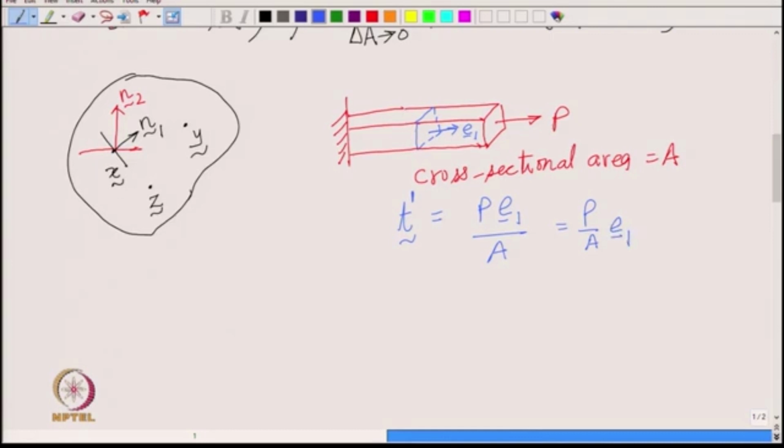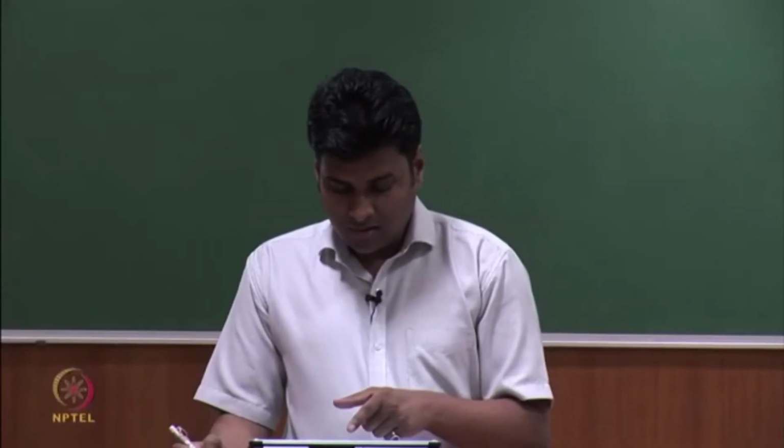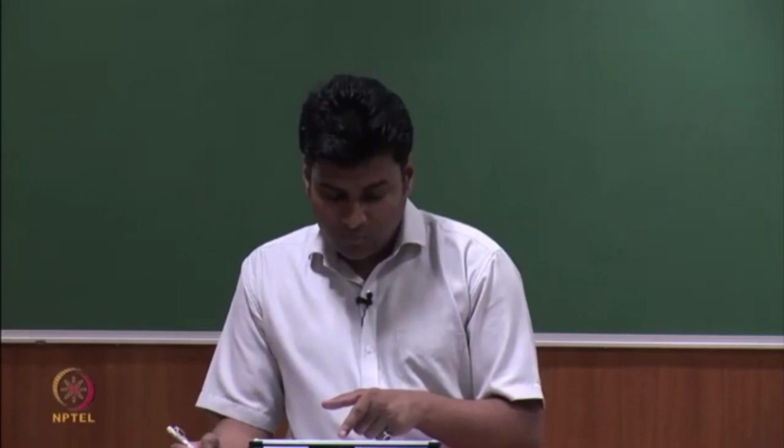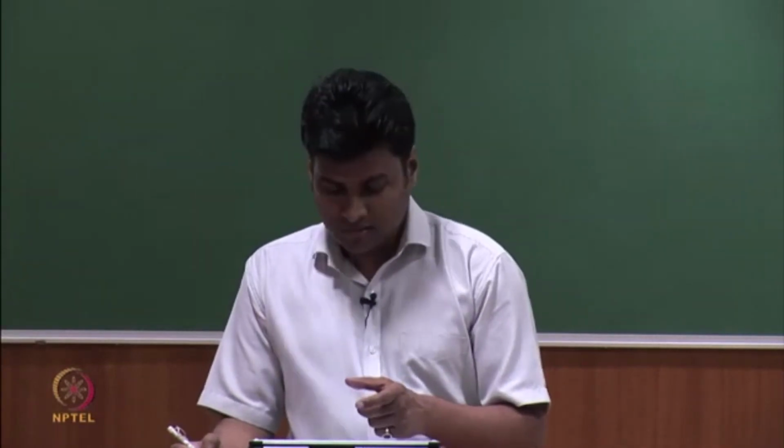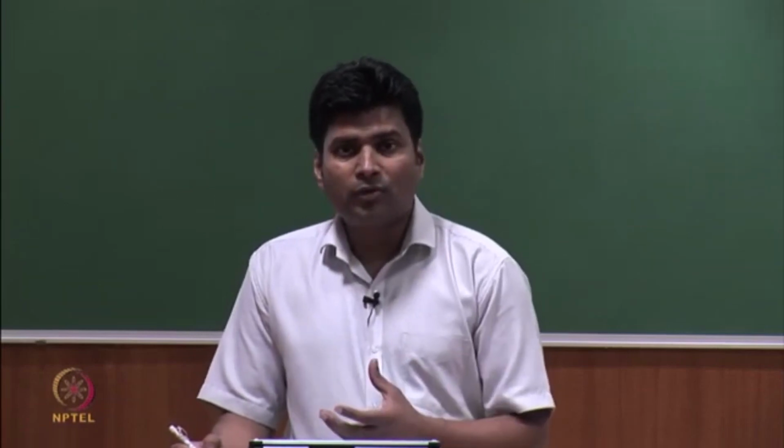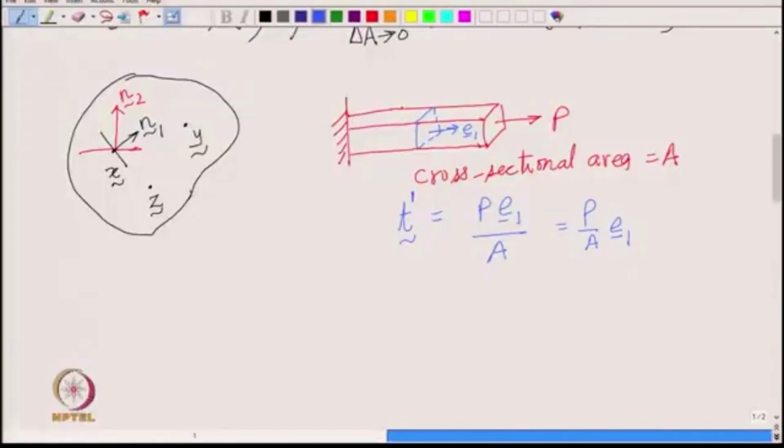Supposing that the traction is the same at every point on this section, which is not the usual case, but let us suppose in this case at every point of this section you have the same traction, then traction is simply the total force divided by the area, just P by A E1. Okay. Now, let us take a different section. Okay. So, suppose I take a different section whose normal is somewhat tilted, all right.